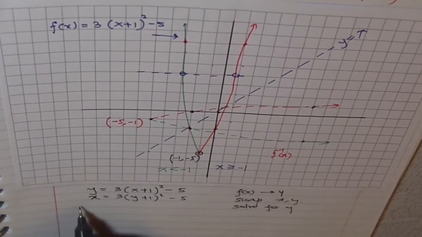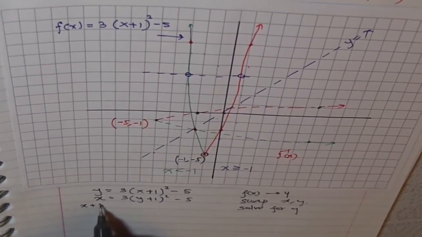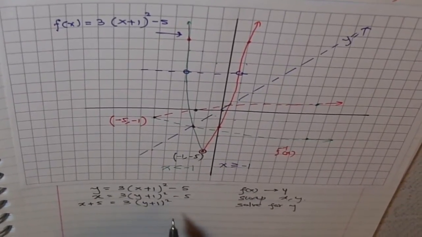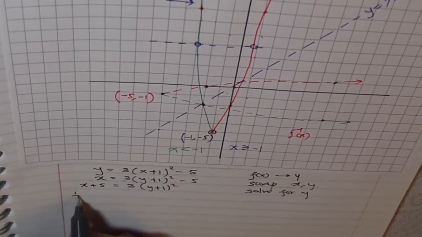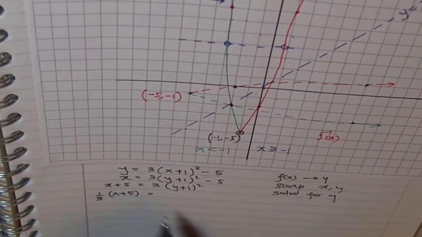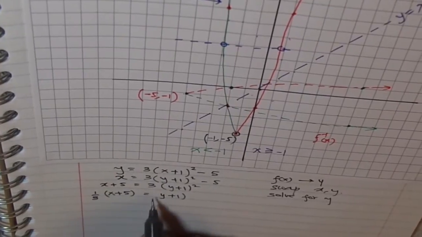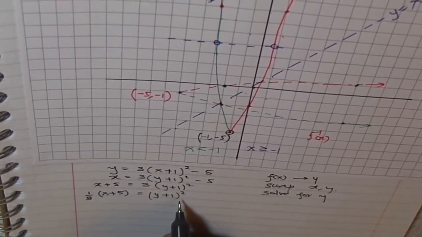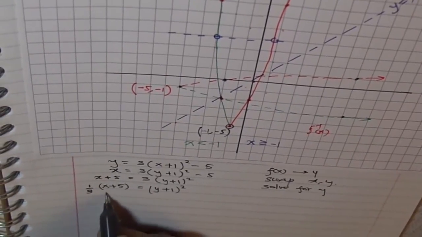So bring 5 here. x plus 5 equals 3 times (y plus 1) squared. Now divide by 3. It becomes 1/3 of (x plus 5) equals (y plus 1) whole squared. Now take the square root. When you take the square root, don't forget to write plus and minus.